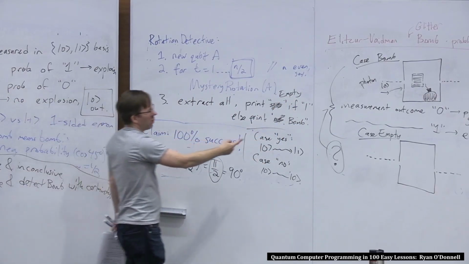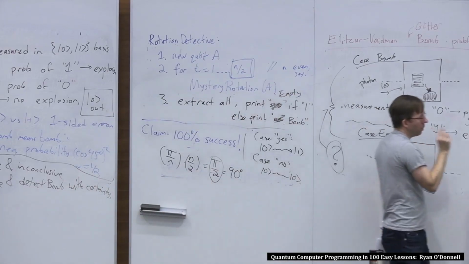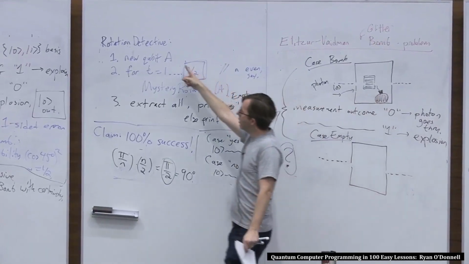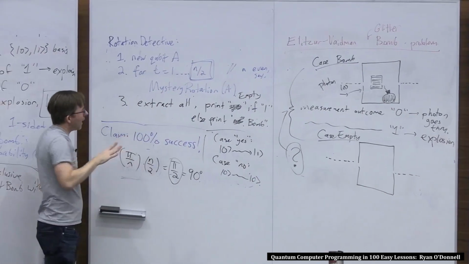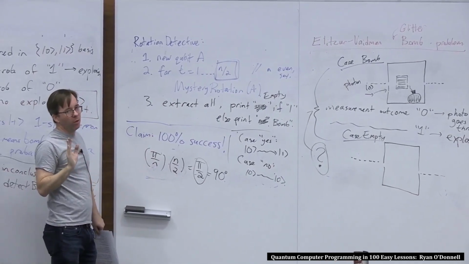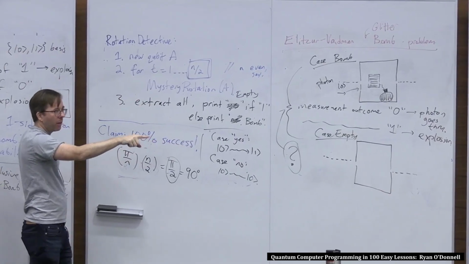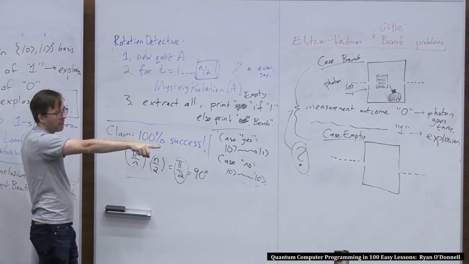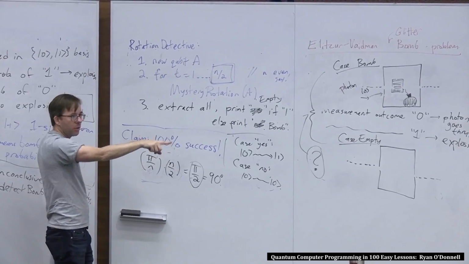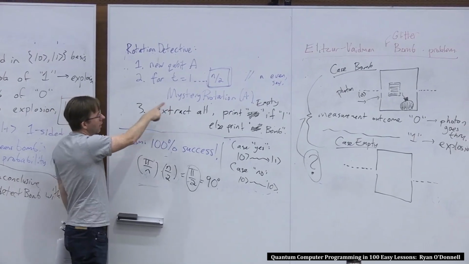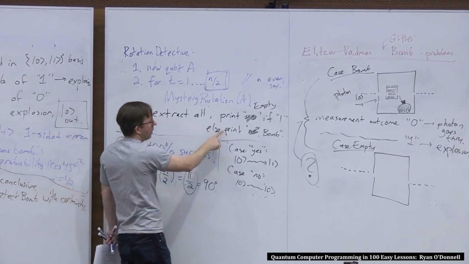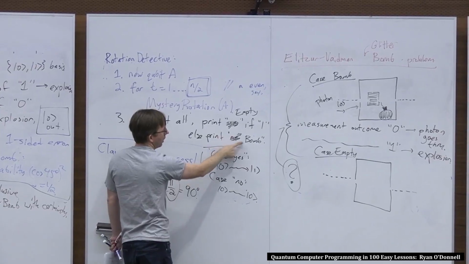On the other hand, suppose there's really a bomb in here. And you put ket 0 in at the start, which you do. Then, ignoring the possibility of explosions for a moment, all these rotations do nothing. Ket 0 comes in, ket 0 comes out. So it's just 0, 0, 0, 0, 0, 0, 0 the whole time. At the end, you extract all, you get 0 for sure, and you print out bomb.